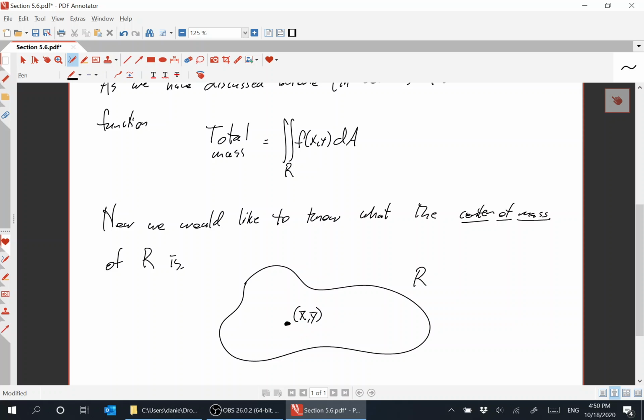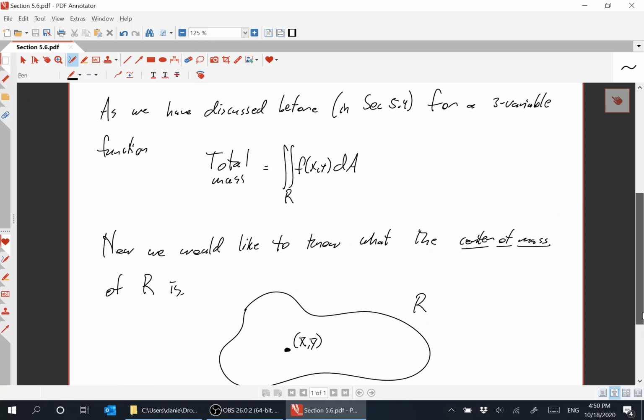The center of mass is the balancing point of R. If R is flat and you put it on a 1-point fulcrum, like the head of a nail, theoretically there's some spot on which it'll balance, and that's the center of mass. Or if it was a flat object and you chuck it like a frisbee, it's going to spin around its center of mass. So the balancing point, center of mass, center of rotation, however you like to think of it.